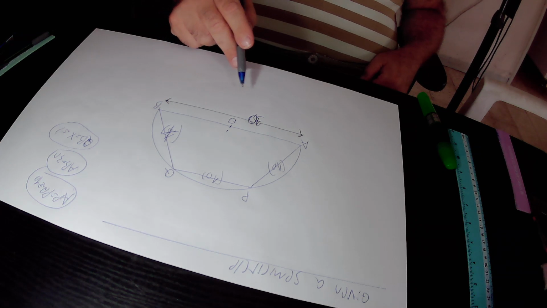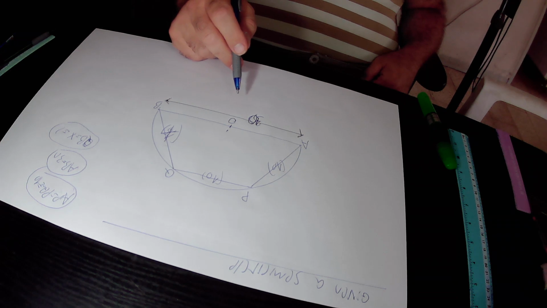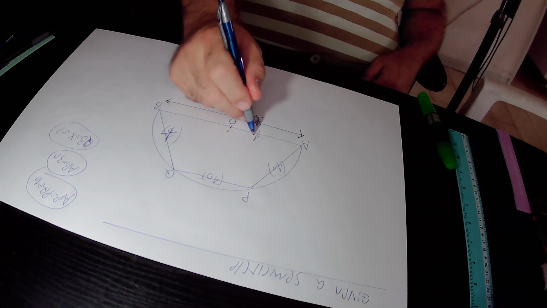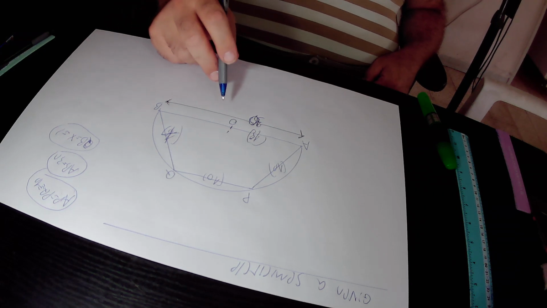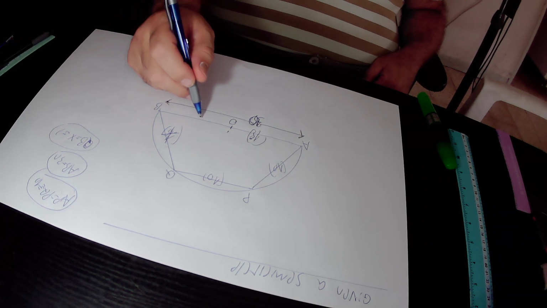The radius of this semicircle equals 15 units. OB is also a radius of this semicircle, that is also equal to 15.